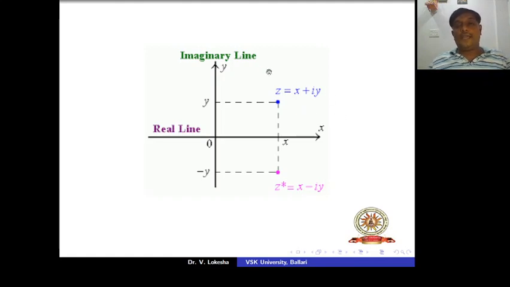Here plus comma plus, here minus comma plus, here minus comma minus, here plus comma minus. Then its z bar can be denoted by x minus iy. That is the conjugate, represented in a pictorial representation.